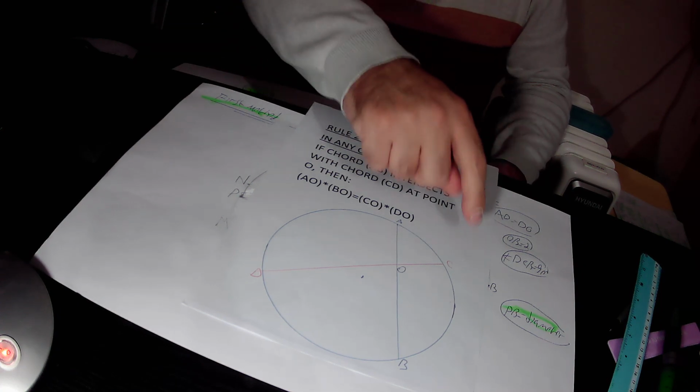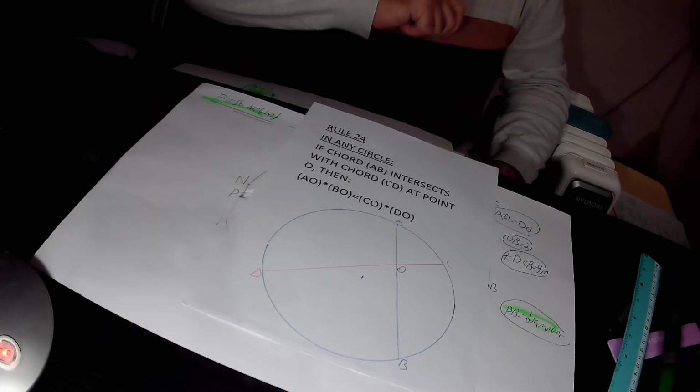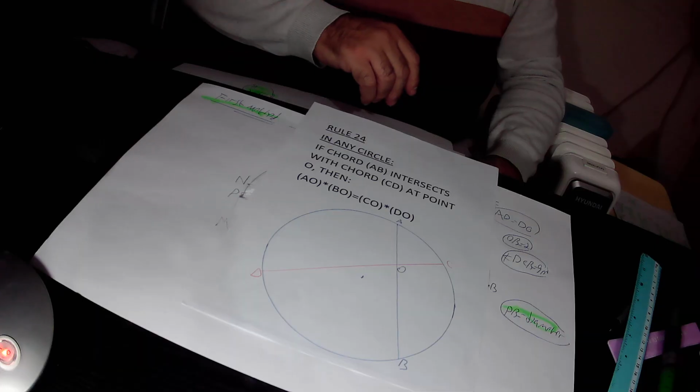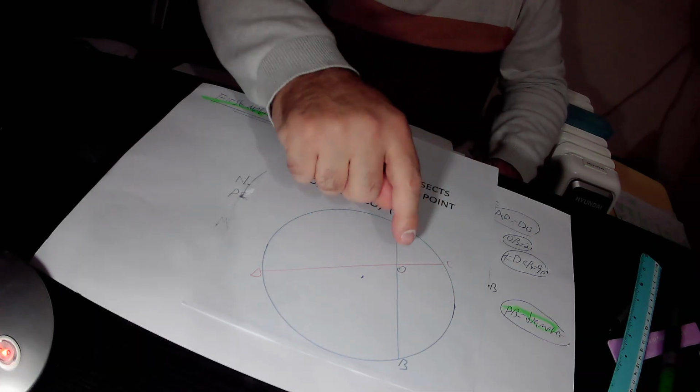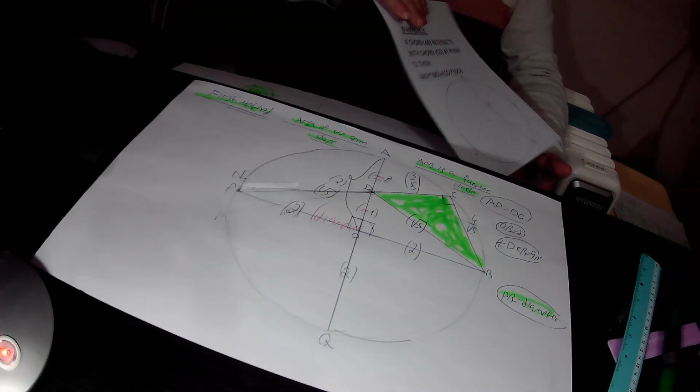In the drawing we have a circle, and chord AB intersects with chord CD at point O. Again, AO times OB equals CO times OD. So we can implement rule 24 in our drawing.